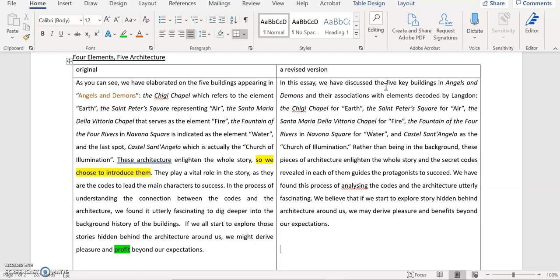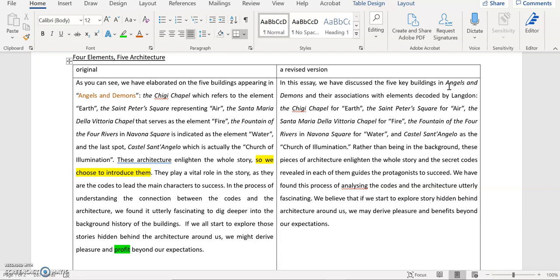Because when you say elaborate, it means that you had already had some discussion about something, and then you move a bit further, and then you elaborate on it. So I chose the verb discuss here in my revision. We discussed the 5 key buildings in this book, and we discussed their association with these elements. I try to emphasize these elements were decoded by Langdon.